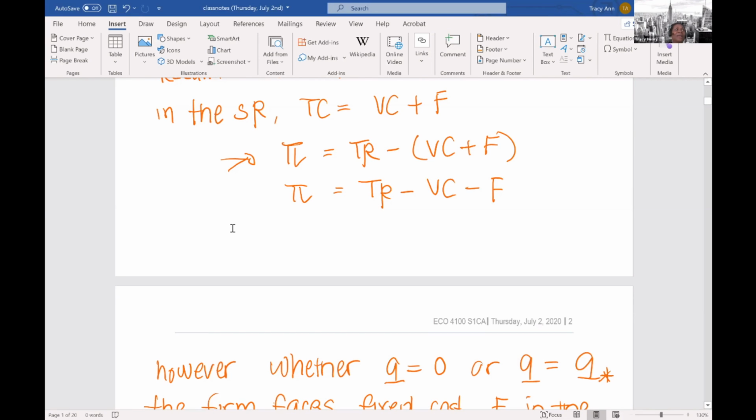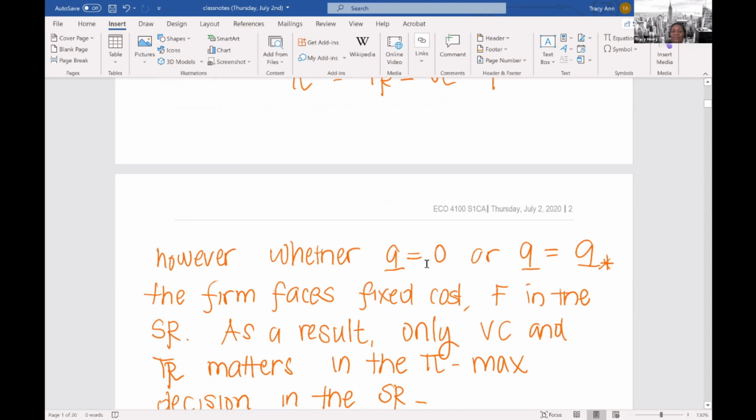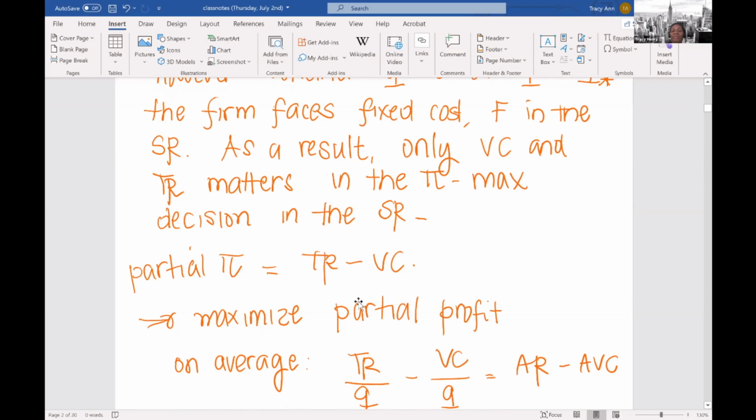It's as if I'm saying my profit plus the fixed cost is equal to total revenue minus variable cost. I can't change that fixed cost, so I only care about this partial section of my profit, which is total revenue minus variable cost. Since this is my focus now, the question is, when am I going to produce Q equals 0 or Q equals Q star?